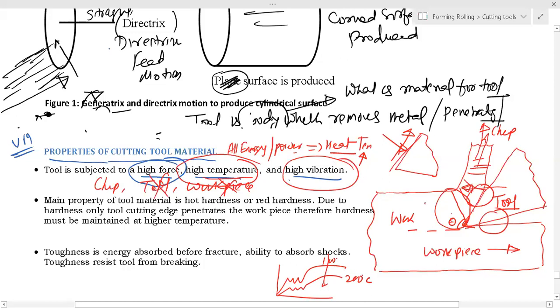Because there will be vibration in this cutting operation. Vibration, fatigue or creep are things where a material fails below its design point.